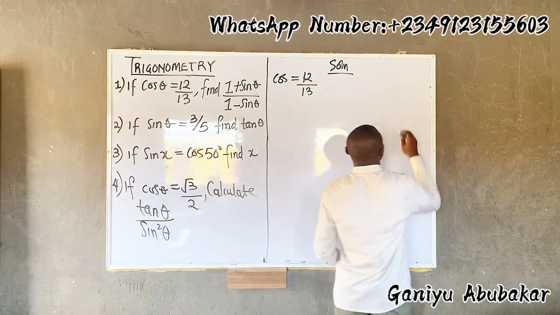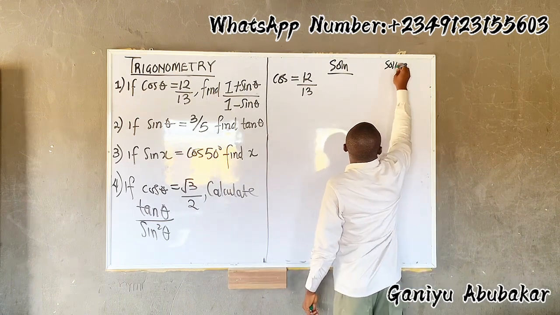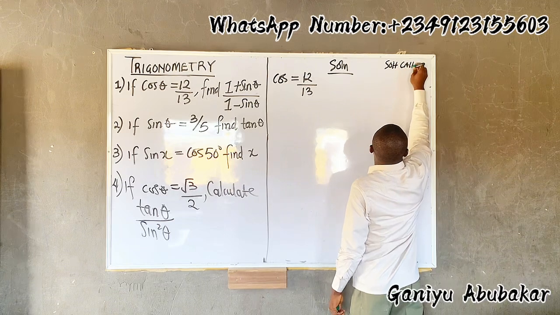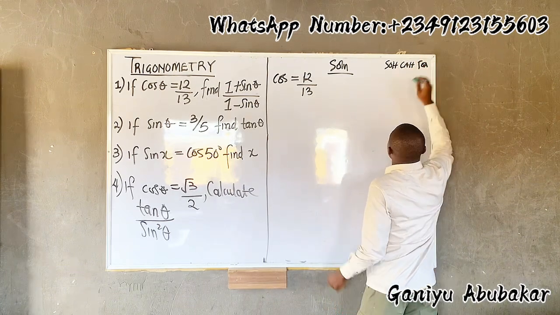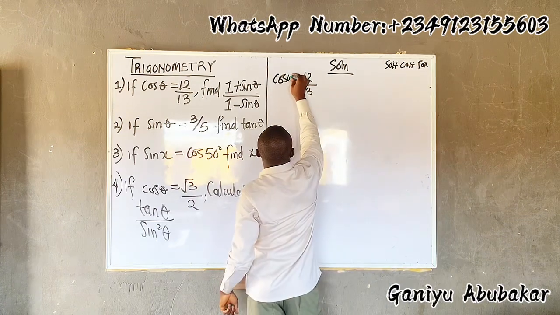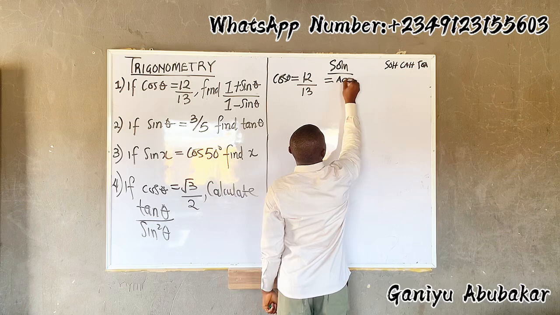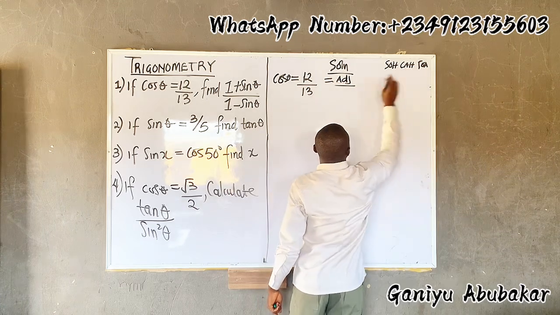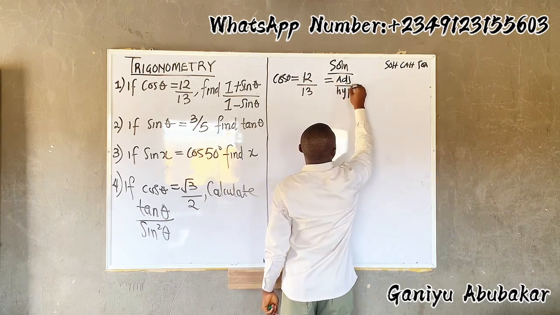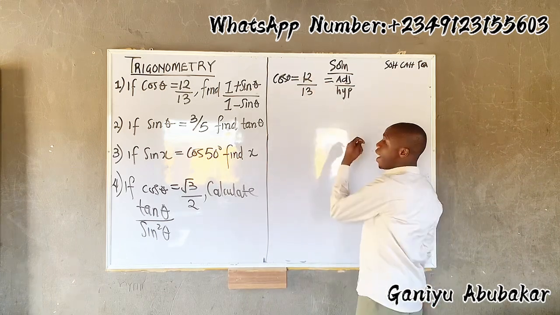This means that with my concept of SOH CAH TOA, I know that cos theta is equal to adjacent over what? Hypotenuse.